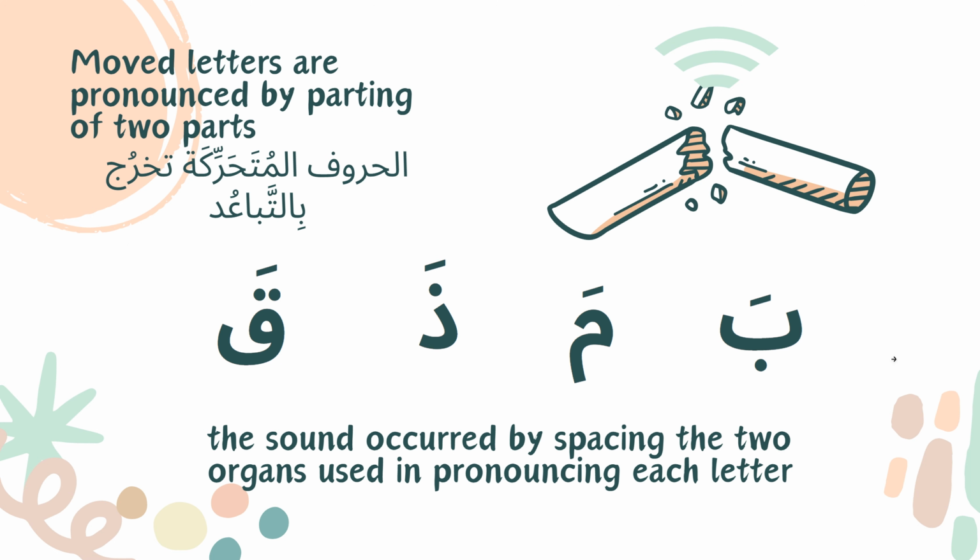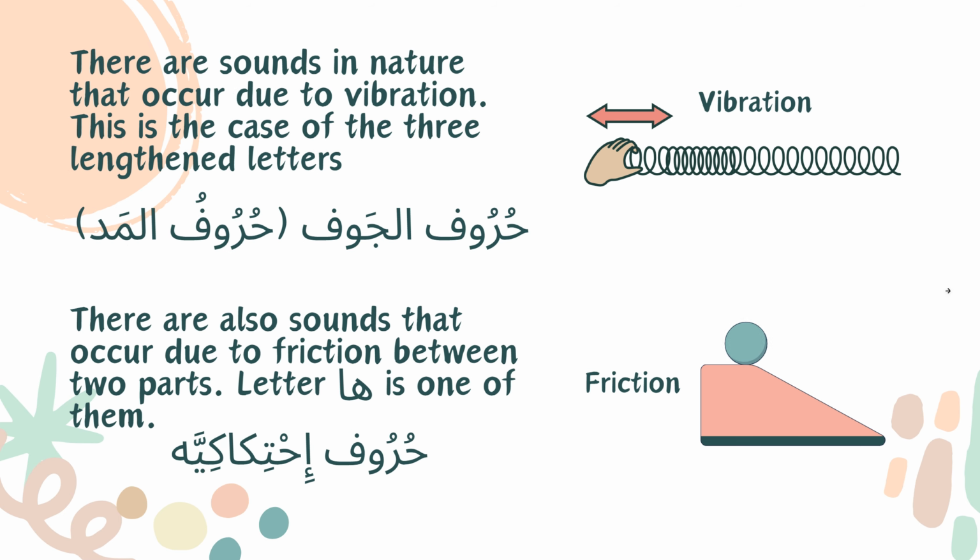There's friction of the air passing through, and the vocal cords part and open partially and not totally in the letter ha. There are sounds caused by vibrations, others are caused by friction.